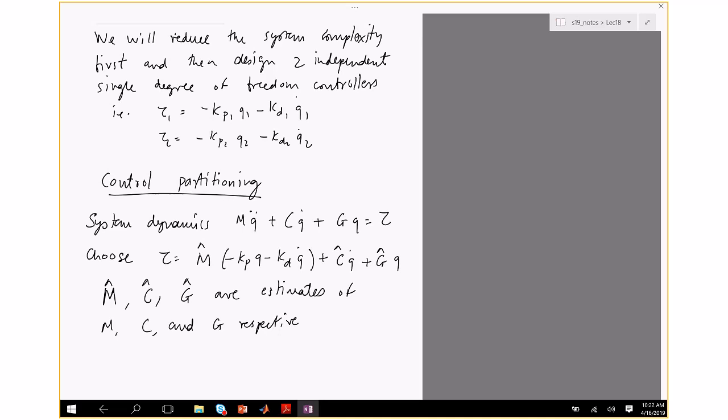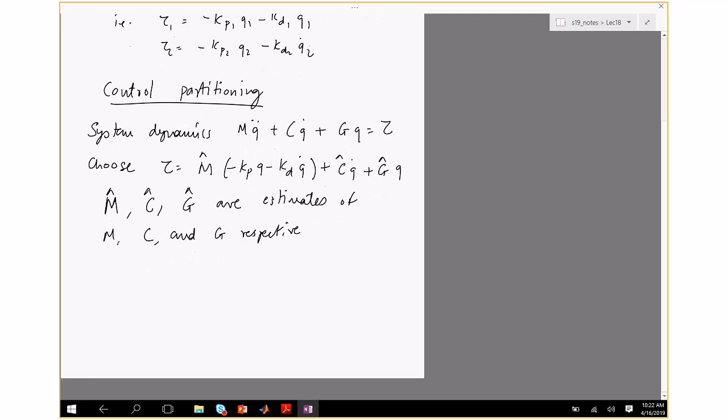So what we'll do is we'll keep it in this form of mass hat, and then make the assumption that M hat is the same as M, and so on.